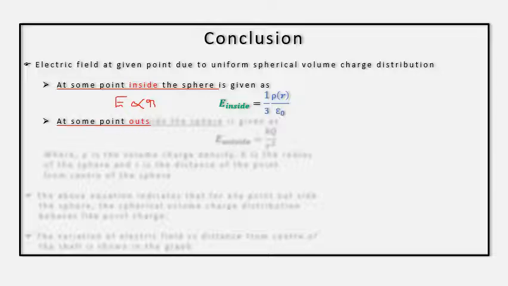If you are talking about electric field at some point outside the spherical volume charge distribution, then the formula is kq by r square. So in that case we can see that E is very similar to that of a point charge, and electric field is directly proportional to 1 upon distance square.